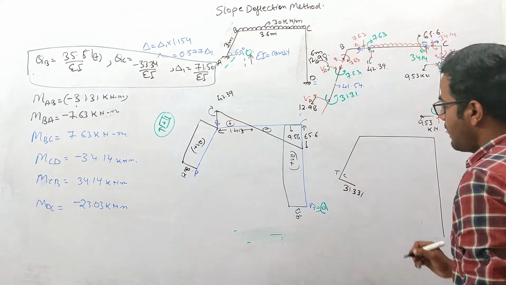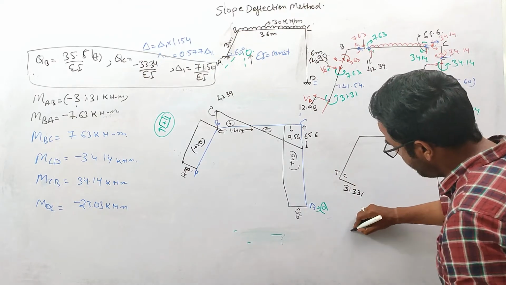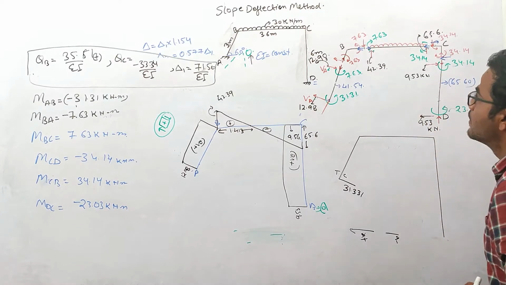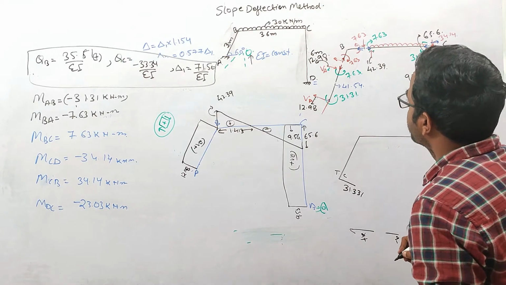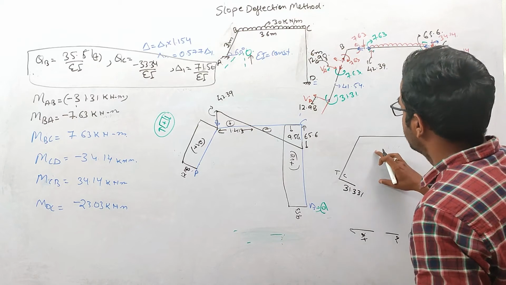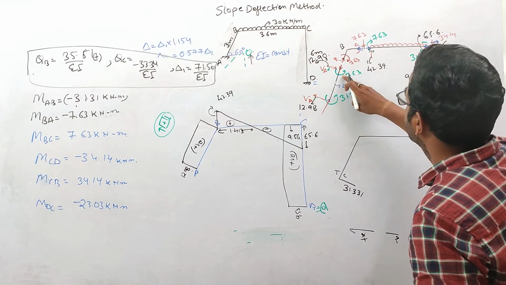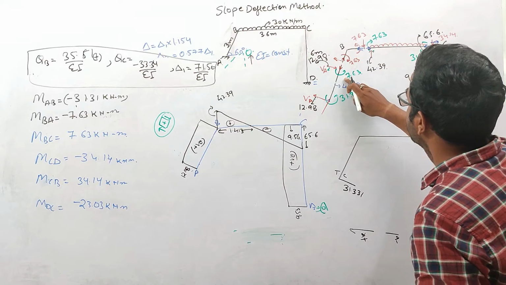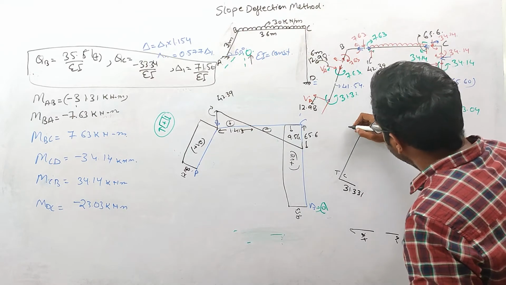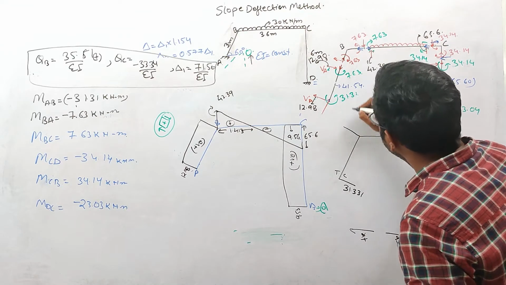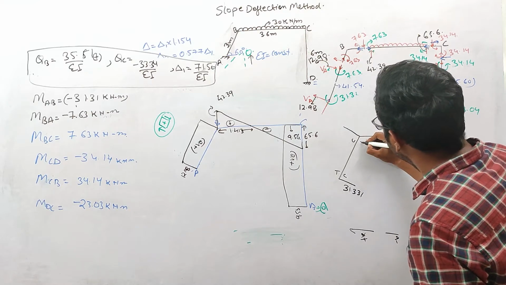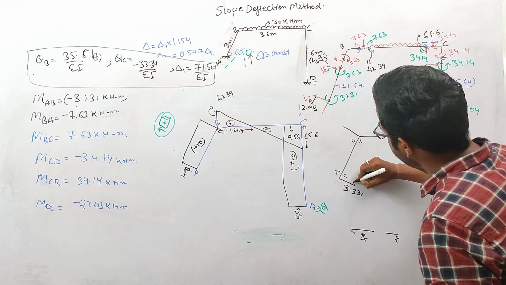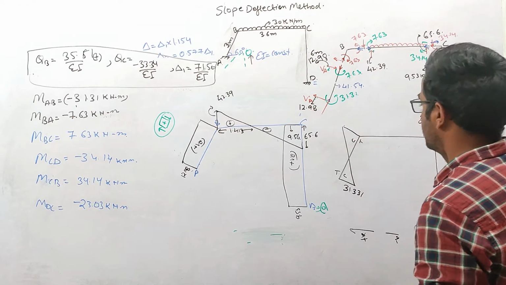So now again, this is our positive axis, this is negative, right? And at this point, the bending moment is 7.63. Again at this end, the compression will be on this face, tension on this face. So at some point it will be 0.